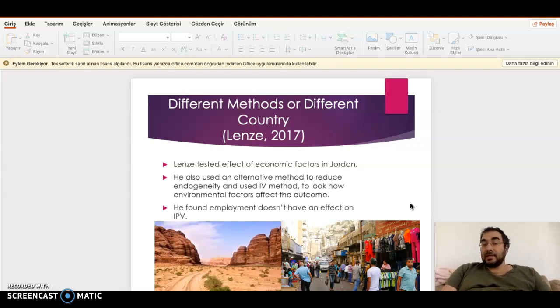This is one method. Actually, they have used a second method to deal with heterogeneity, and that's basically running the regression first and then taking the error terms. With our available variables, we are trying to explain the reasons for intimate partner violence, and each variable is basically explaining part of the possibility of intimate partner violence.